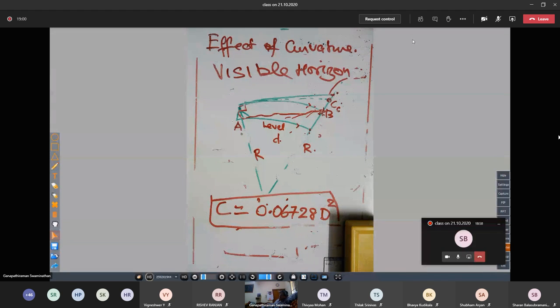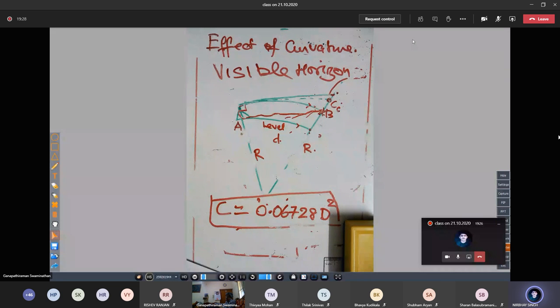What is D value? 0.3. 0.3 into 0.3, 0.09. 0.09 into 0.067, you just find out. 0.006.